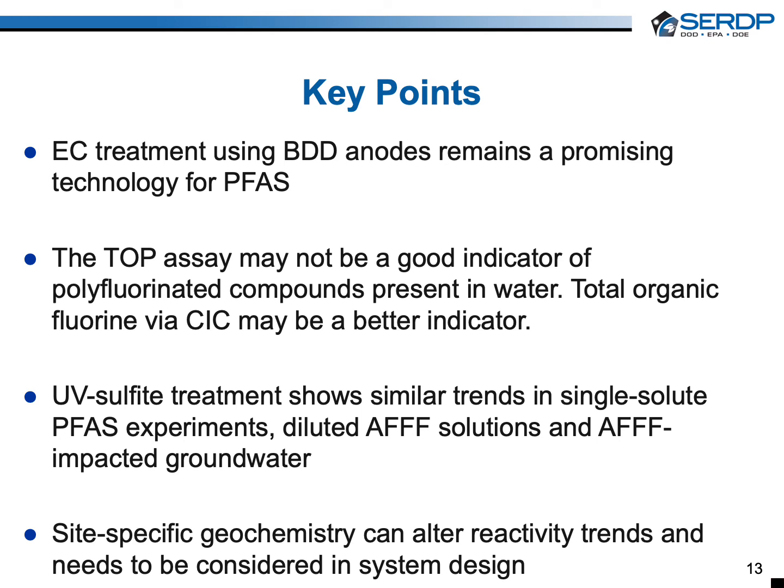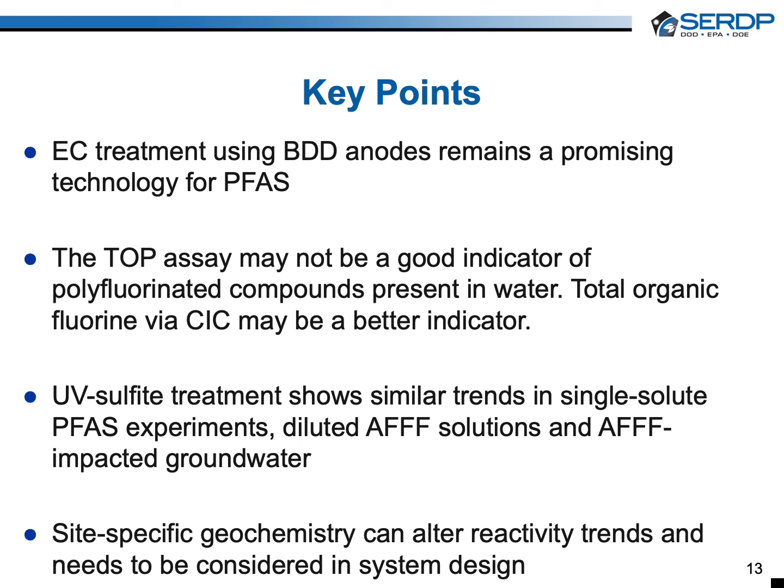Perchlorate is clearly generated as a byproduct here. We didn't show it in these results, but we were able to show that with the electrochemically generated perchlorate, you add some nutrients and electron donor, and it gets reduced back to chloride. So in terms of thinking about a treatment train approach, I think that holds a lot of promise, and that's really a very low cost, low energy treatment to deal with that perchlorate.